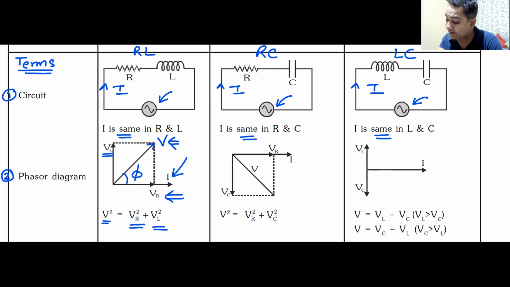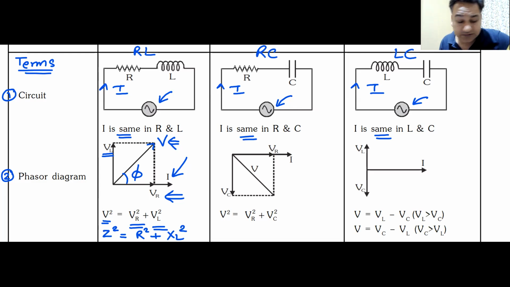We have already seen this, yes or no? So you can write it in terms of voltage as well, or in terms of Z. In terms of Z, the impedance, Z squared will be equal to R squared plus XL squared.